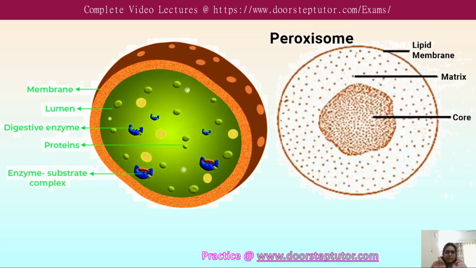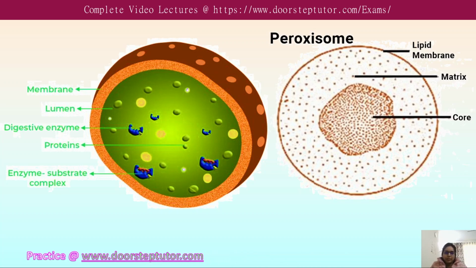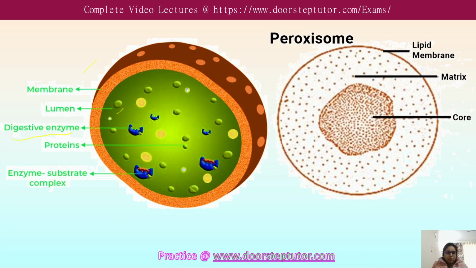So let's see what are the differences. This is the diagram of the microbodies. As we can see, it is surrounded by a single membrane. The internal compartment is known as the lumen, which consists of different digestive enzymes, some proteins, and some enzyme substrate complexes.